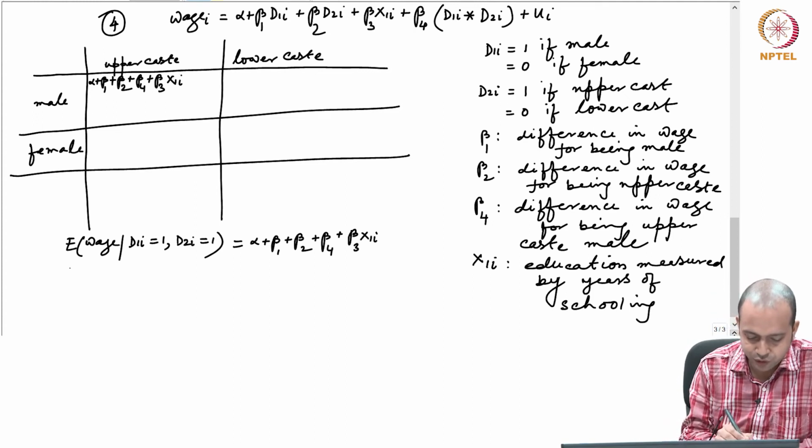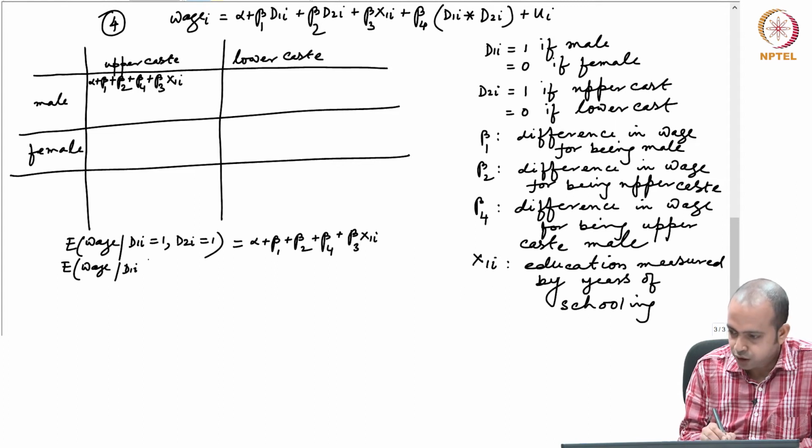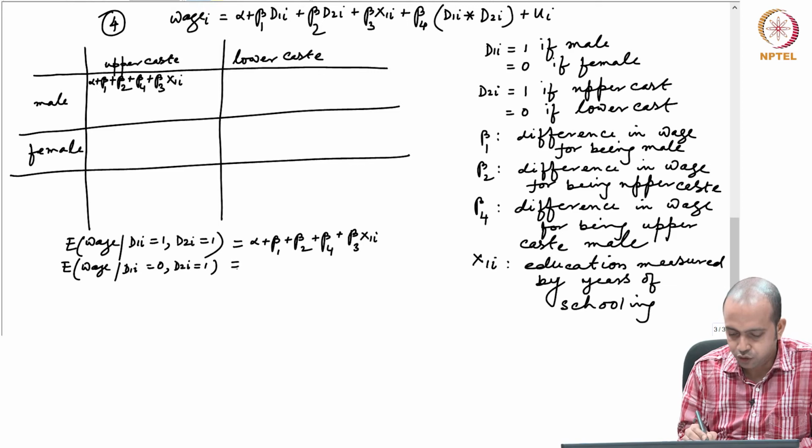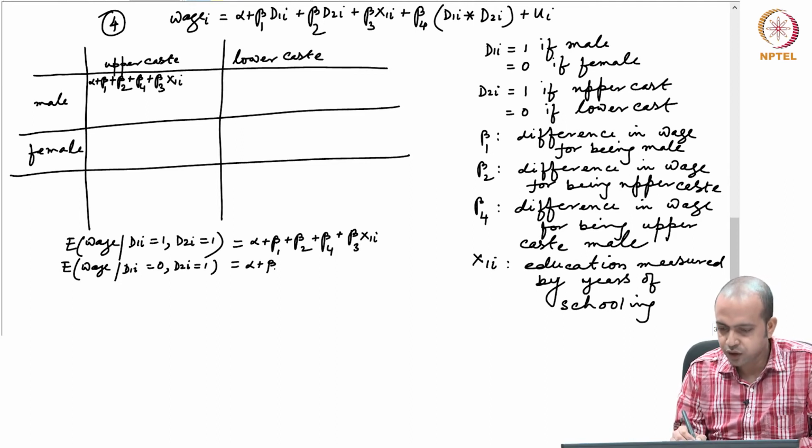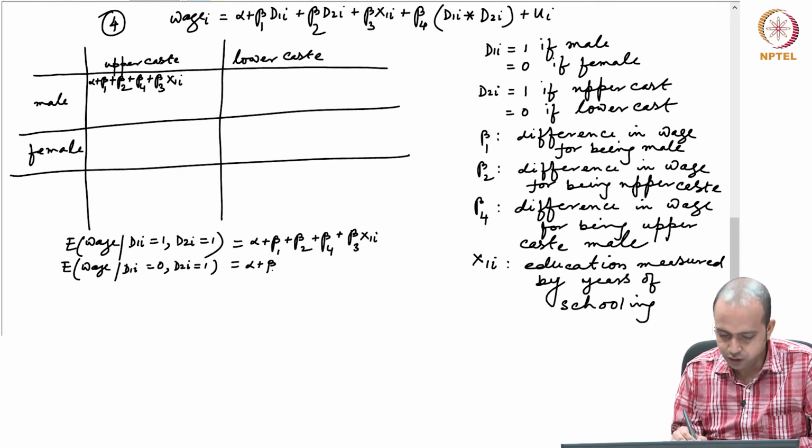Similarly, for the female category, what will happen? Expectation of wage given D1i equals 0, but D2i is still 1 because I am considering upper caste female. So this would become alpha, beta 1 will vanish, beta 2 would be there, plus beta 3 x1i, and since I am putting D1i equals 0, beta 4 will also vanish.